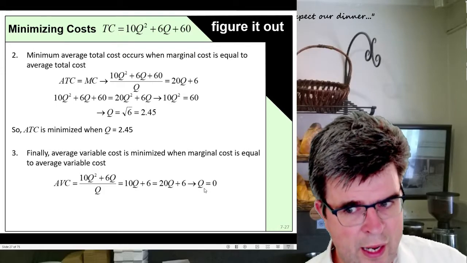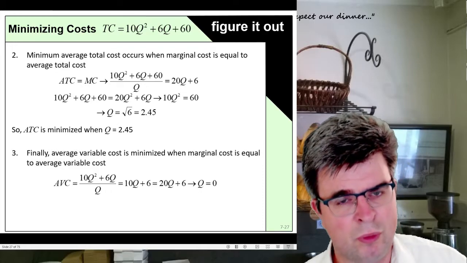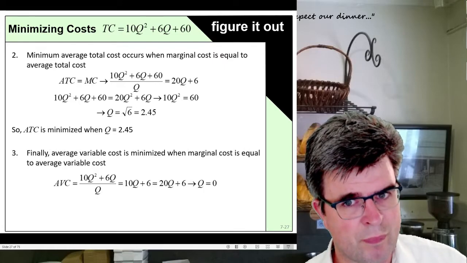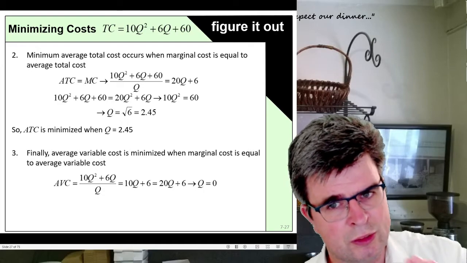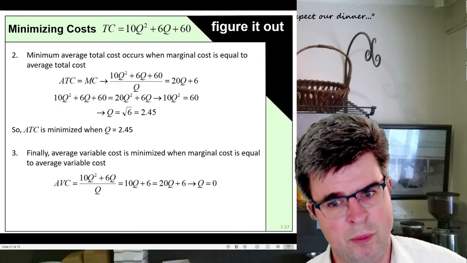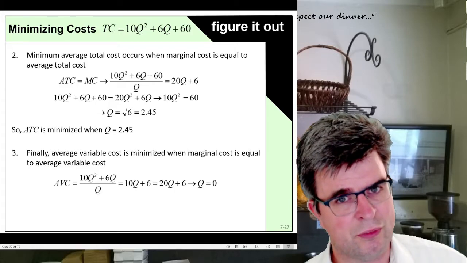So the average variable cost is minimized at a production level of 0. Meaning that once we start to produce, our average variable cost is increasing. Well, why is that? Because in this example, our marginal cost is increasing.